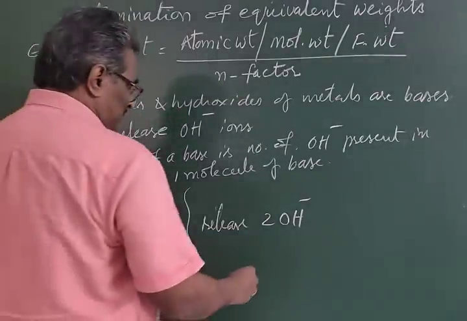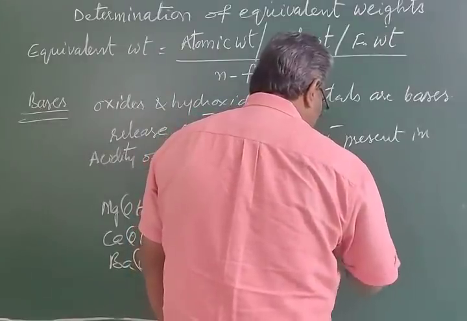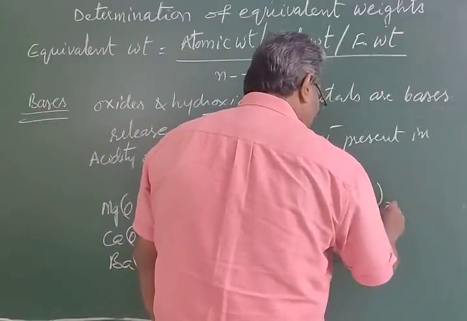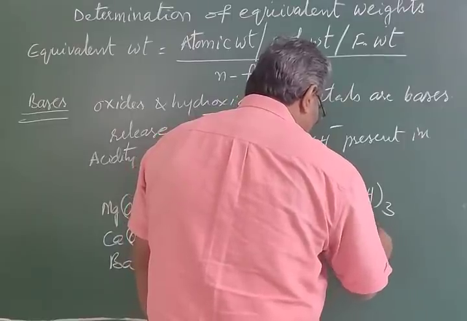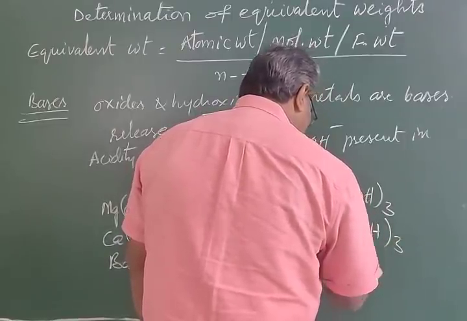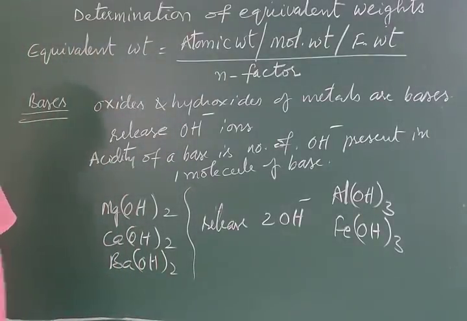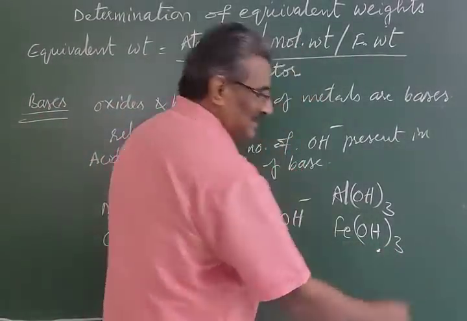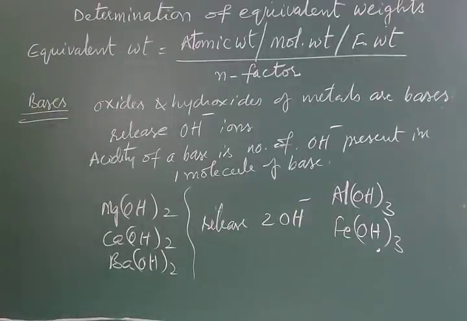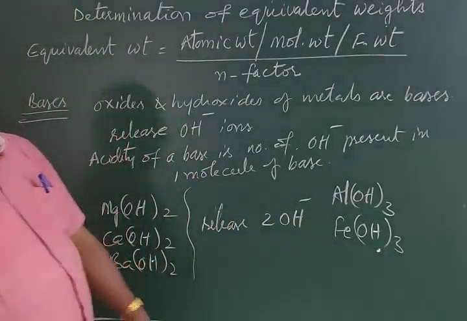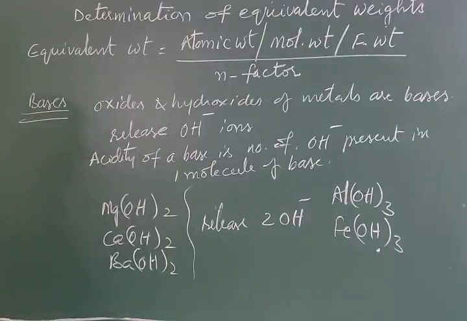In the case of the hydroxides like aluminum hydroxide, Al(OH)3, ferric hydroxide, Fe(OH)3, how many hydroxyl groups are present? 3 hydroxyl groups are present. That is, the acidity of aluminum hydroxide and ferric hydroxide is 3. So for these triacidic bases, n factor is 3.